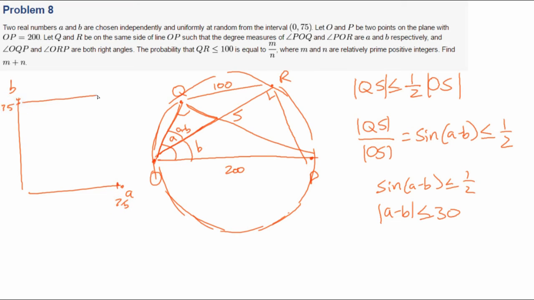So this is the map of all possible values of A and B. How much of that map is filled up with successful values? If you just try some values and play around with this map, you'll figure out that this is 30, this is 30.